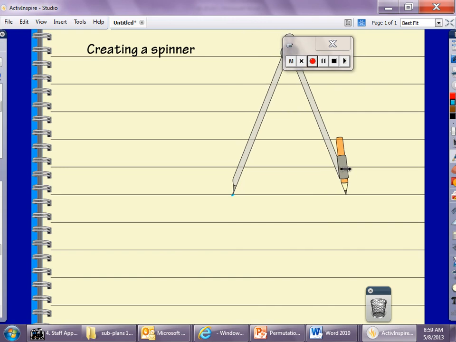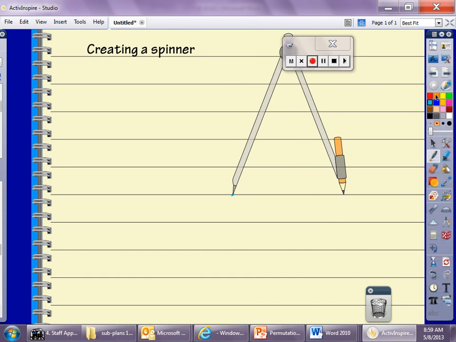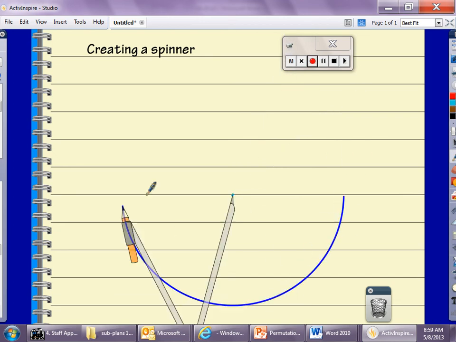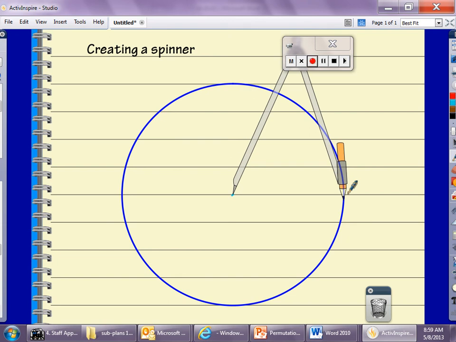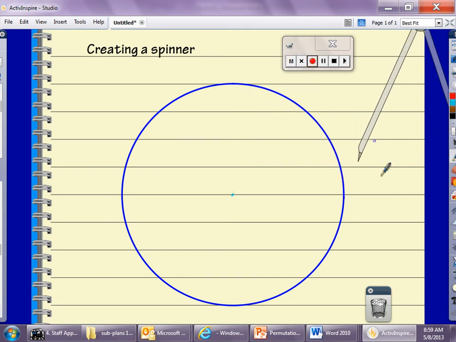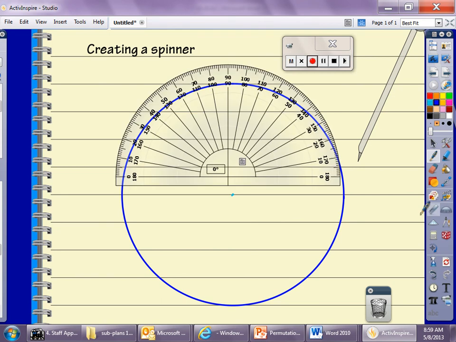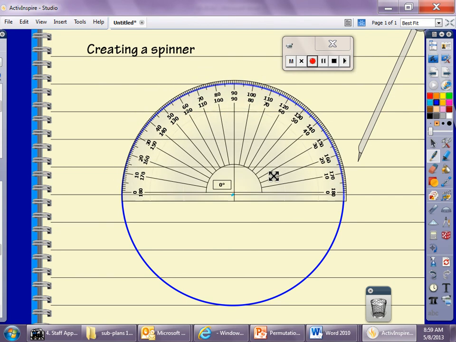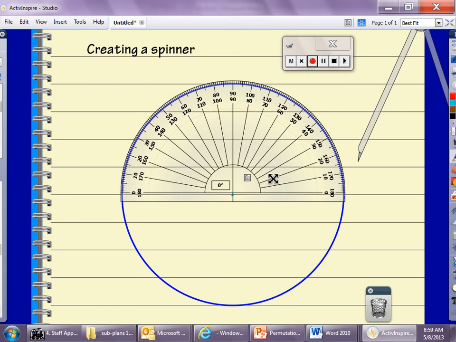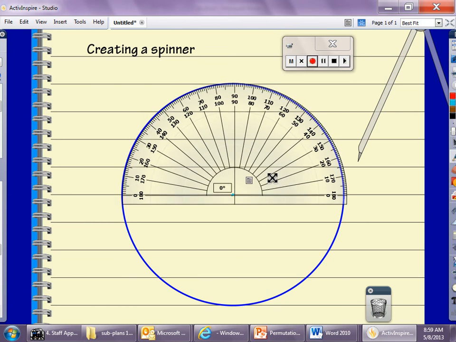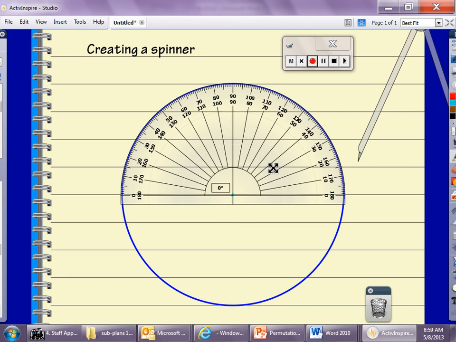Let's open it up a little bit wider. Change the color. Make our circle. Alright. Here's our circle. Now, we take our protractor. Let's line it up. Okay, well that's a pretty good circle, it's right on the mark.